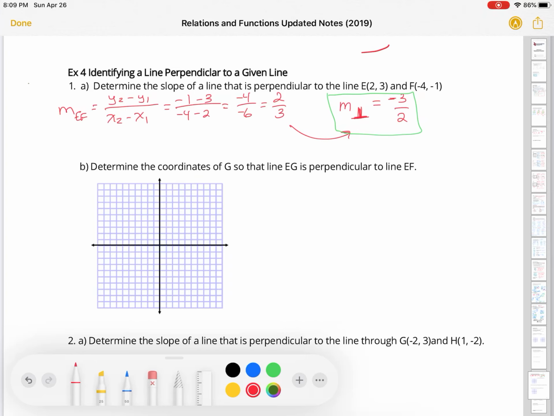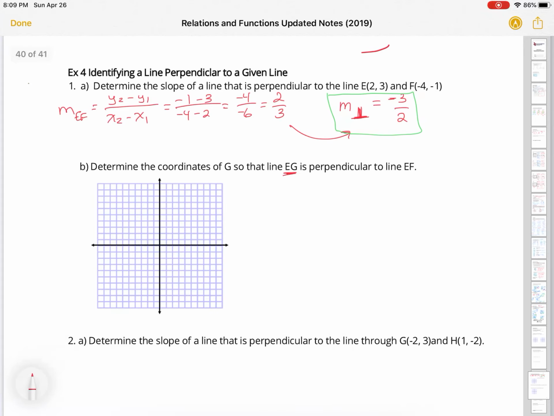Now, determine the coordinates of G so that the line EG is perpendicular to the line EF. Well, that means that E is on that line. So E, as we can see, is 2, 3. And we know F is -4, -1.